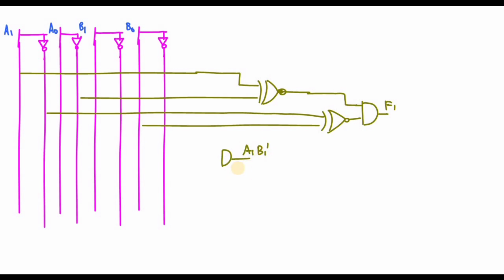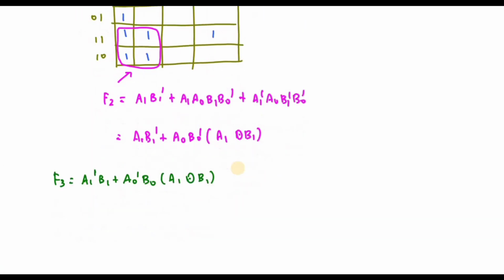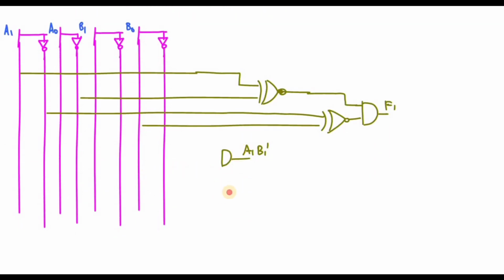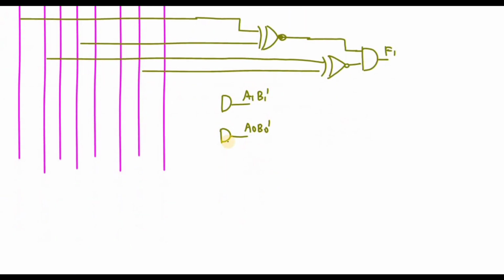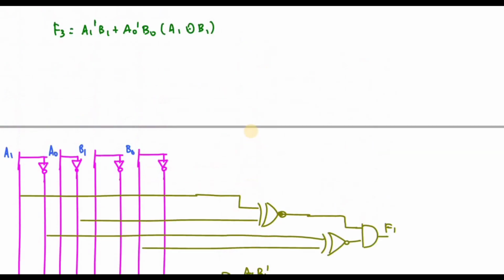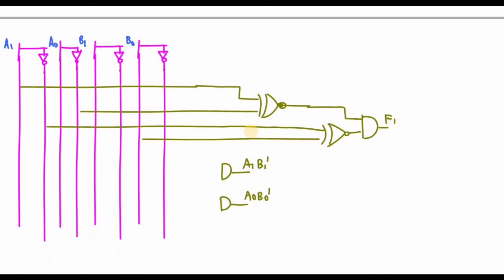And you write A0 B0'. Then you have to multiply it with A1 XNOR B1. So you have to multiply with this one. Then you have to add it, for addition use an OR gate to get F2.